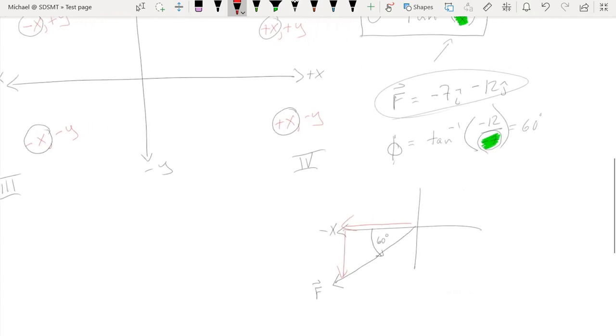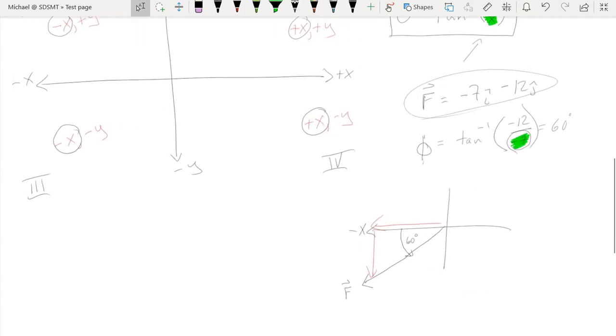Now, from time to time, your homework set may ask you to measure the angle of your vector with respect to the positive x-axis. Well, that shouldn't be a problem now that we know what the angle is with respect to the negative x-axis.